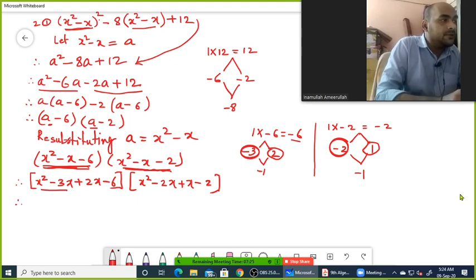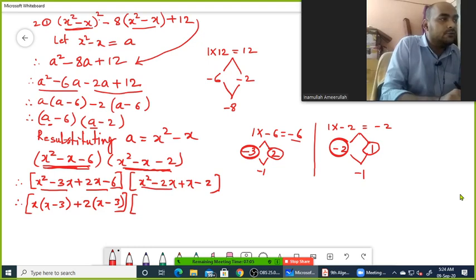Then in the first two we can take out x as a common factor. So here we will be left with x minus 3, and in the last two terms we have plus 2 as a common factor. So x minus 3 will be left. In the other bracket, in the first two terms x is common, so x minus 2 is left.